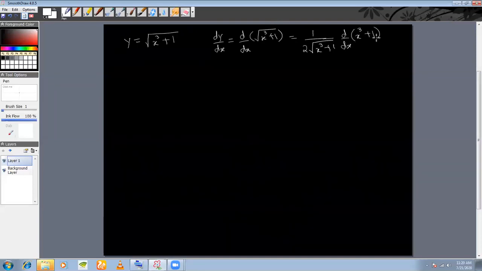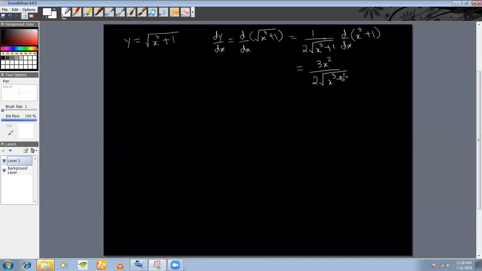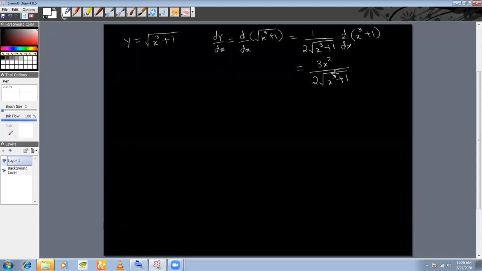This is what you would do, isn't it? Now the d/dx of x cube plus 1 is 3x square. So you simply get 3x square by twice square root x cube plus 1 without using the breakup of chain rule. You are still applying chain rule here, but we are not applying the breakup. What we'll do now is apply the breakup.